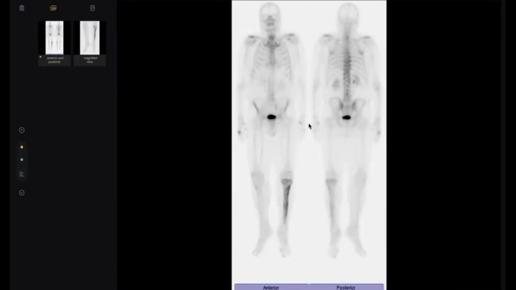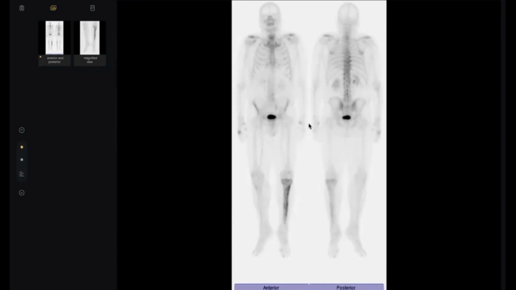I've been provided with a bone scan. I can see that there is high uptake in the proximal left tibia, involving the tibial epiphysis, metaphysis, and also the proximal shaft, and it appears more towards the cortical region. There is no abnormal uptake in the rest of the bones.